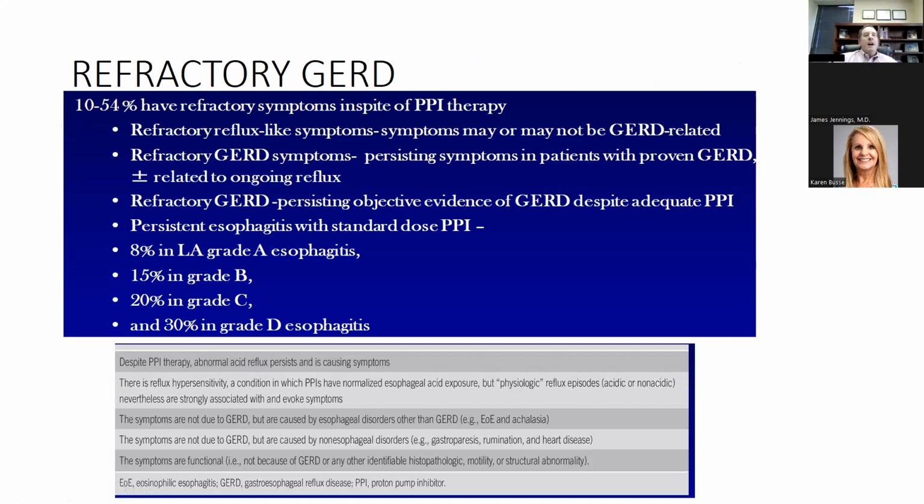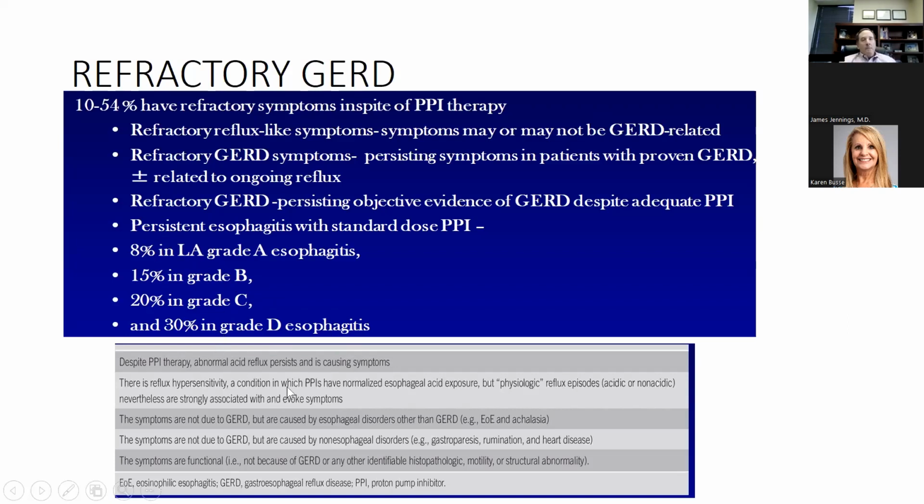Refractory GERD. You know, studies show that it varies, but the main thing I want to point out here is that patients down here, patients who have more advanced esophagitis, are more likely to have refractory symptoms.